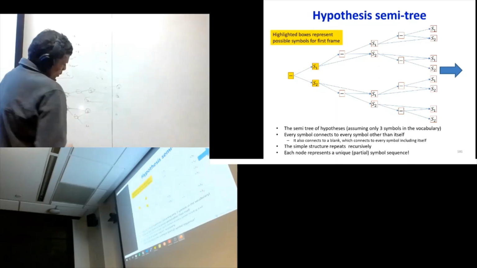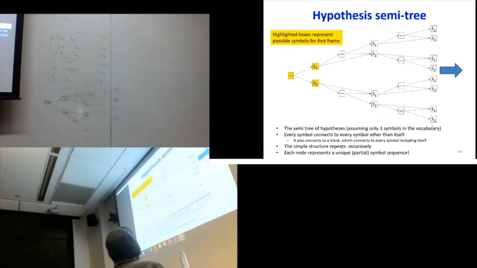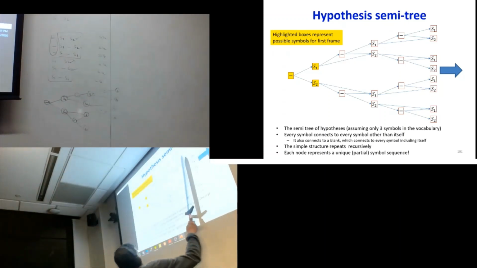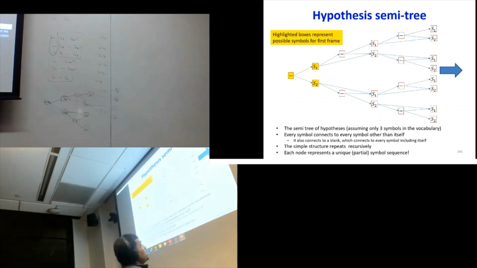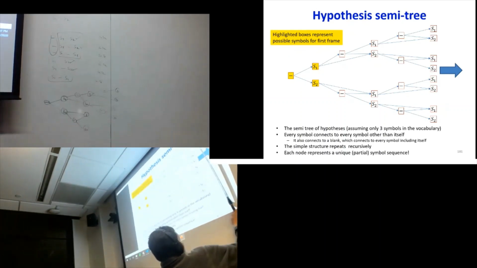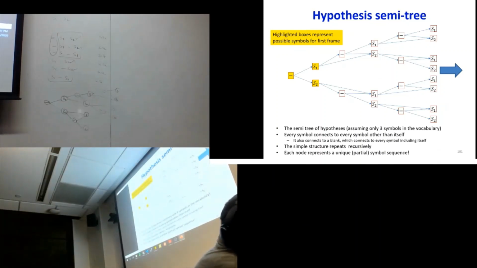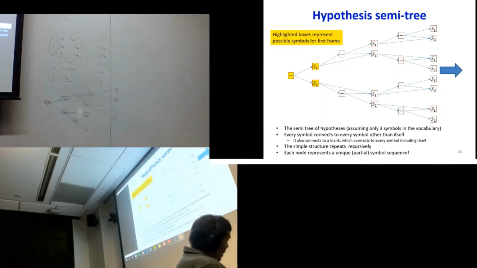And similarly, these two would also be extended. The overall figure is going to be like this if I'm considering symbol sequences of up to length 3, and I can keep extending this tree forward if I want to consider longer and longer symbol sequences.